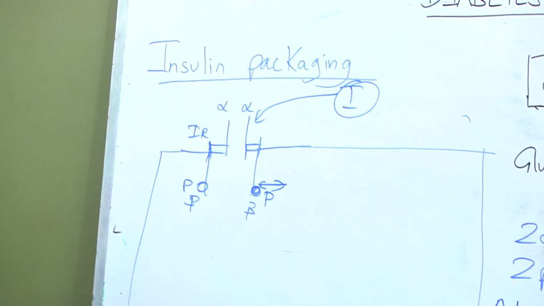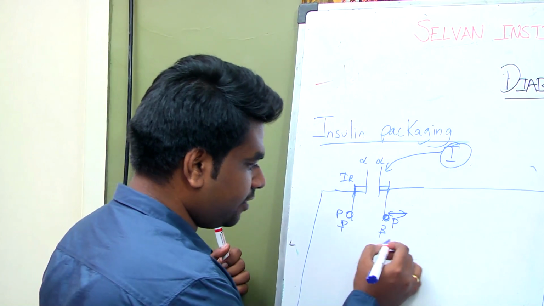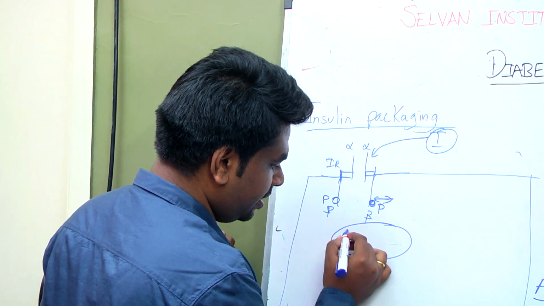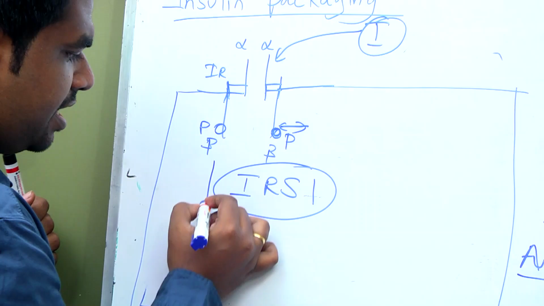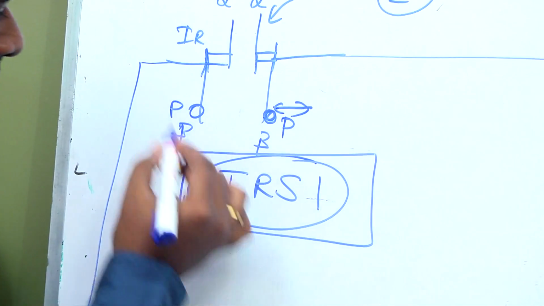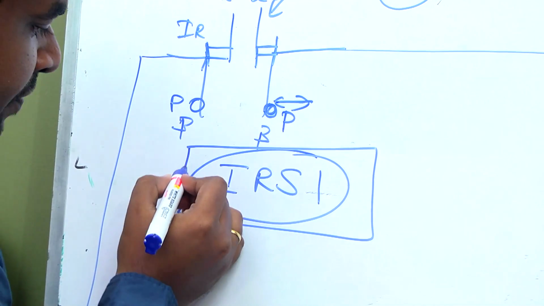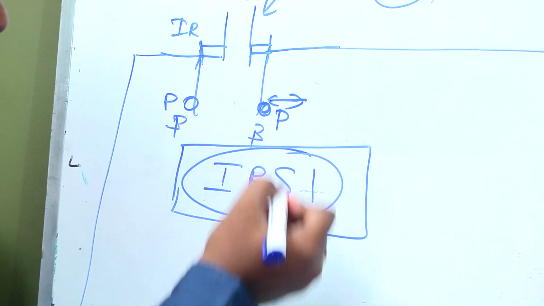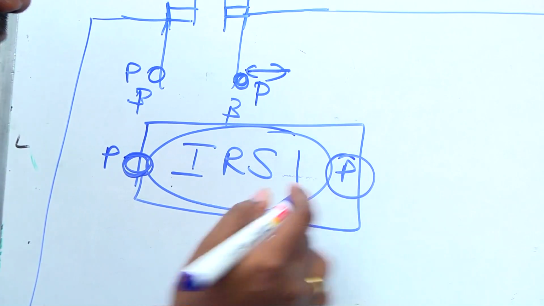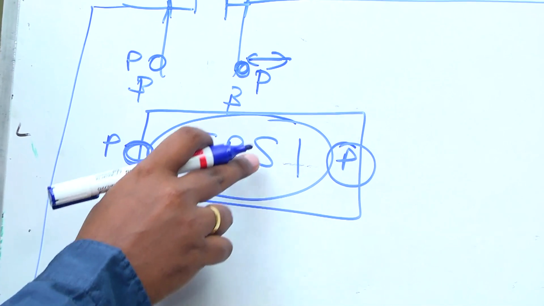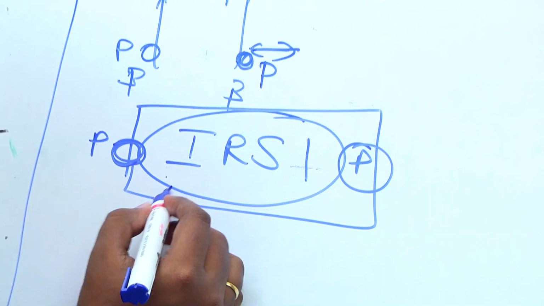So what happens when autophosphorylation takes place? There should be some activation, right? So here what gets activated? Insulin receptor substrate 1. This is the major substrate which gets activated by the activation of your insulin receptor. So this insulin receptor substrate 1 also gets phosphorylated. So what happens when the insulin receptor substrate 1 is phosphorylated? That we should know in great detail.